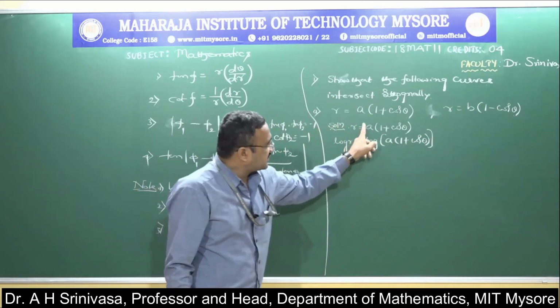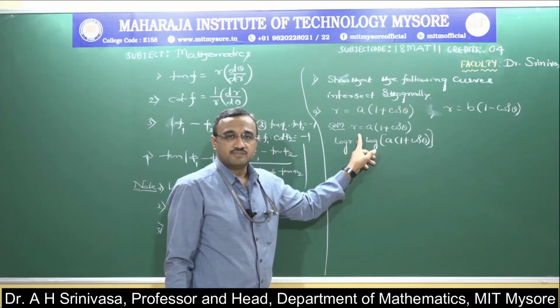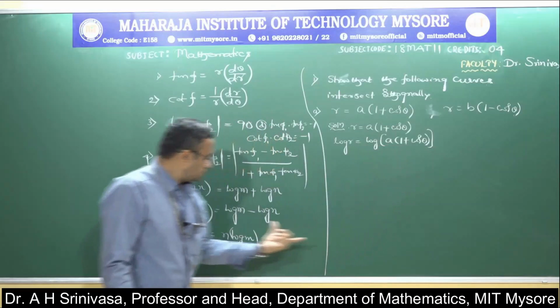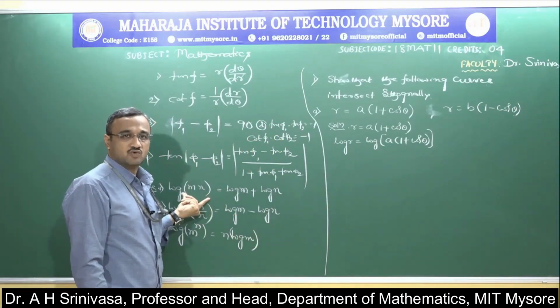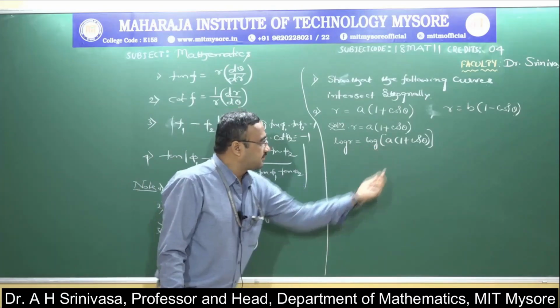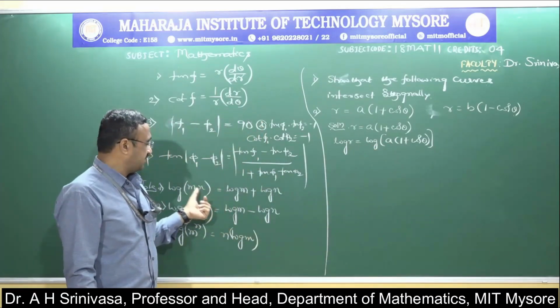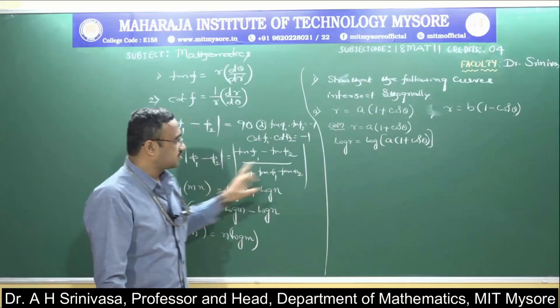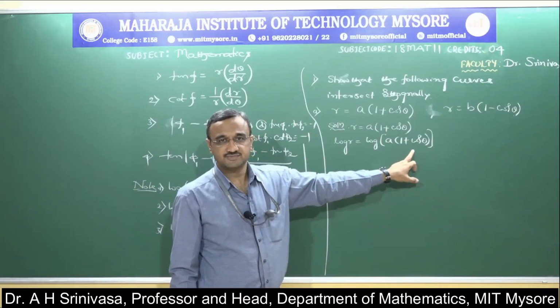After taking the log, this relates to the theorem for the product of two functions: log of m into n, where in place of m you have a and in place of n you have 1 plus cos theta. It's clear.